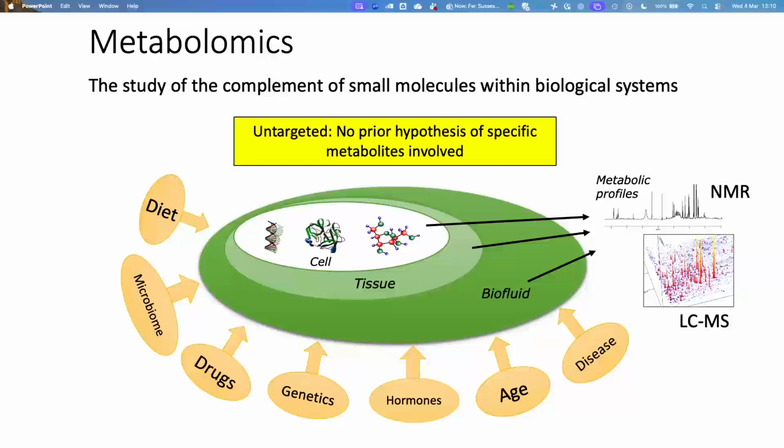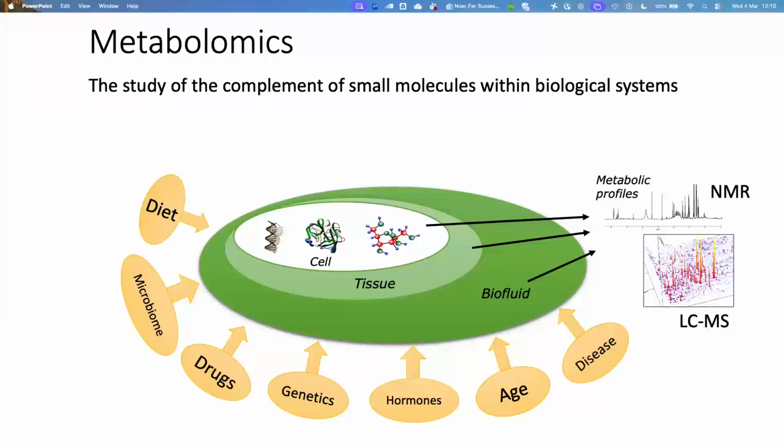We don't a priori select a particular gene and say, it's definitely that one. And the same thing happens in metabolomics. We measure as many metabolites as possible using these techniques, and we let the story emerge from the data by using usually some kind of advanced statistics or machine learning, or in this case, some deep learning.